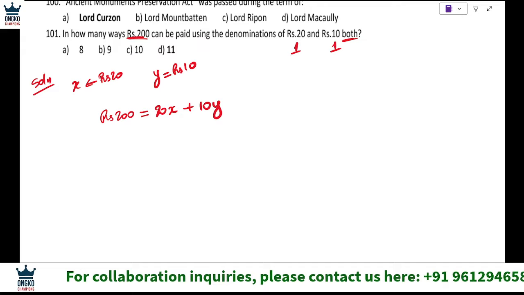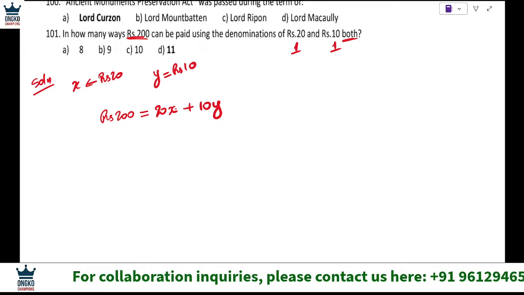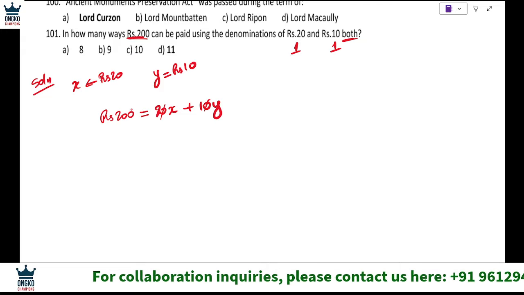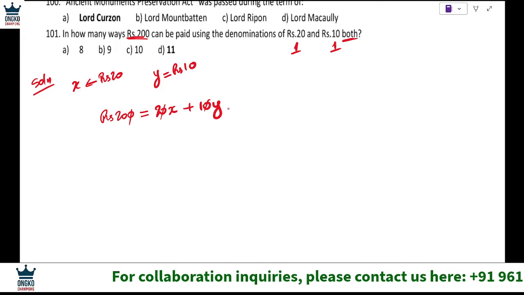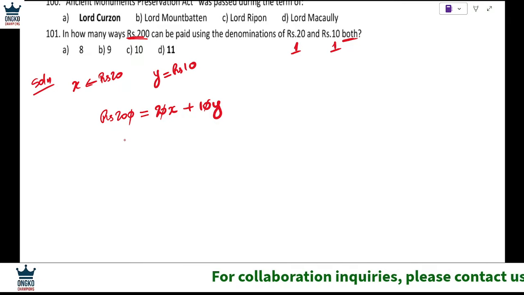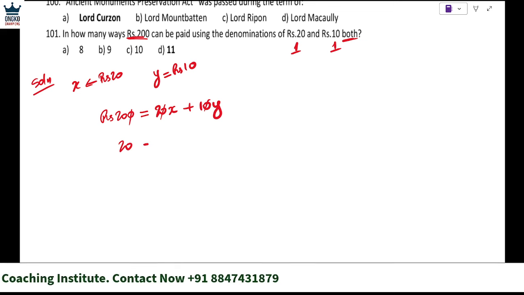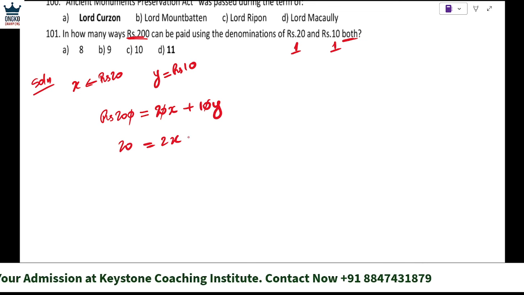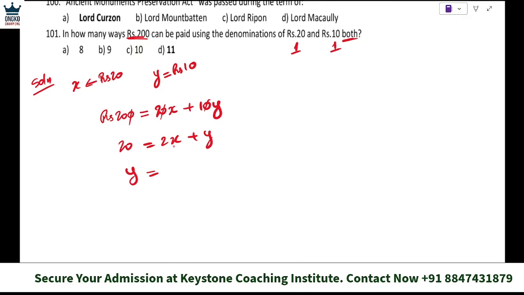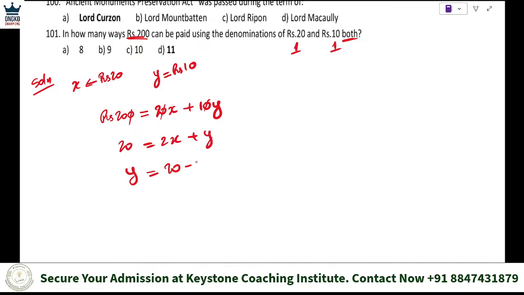Now let's try to simplify the equation. If we take 10 common, then we can cancel 100. So here we're getting 20 is equal to 2x plus y. So keeping y alone, y is 20 minus 2x. Can you write it this way? Yes.